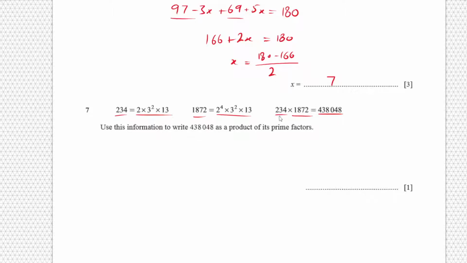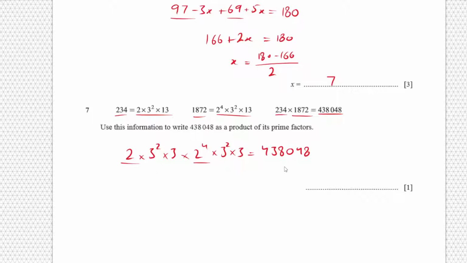So we know that 234 can be written as 2 times 3 squared times 13, and we know 1872 can be written as 2 to the power 4 times 3 squared times 13. Essentially we are multiplying 234 with 1872, so all of that multiplied with all of that will equal 438,048. And now we can just simplify this.